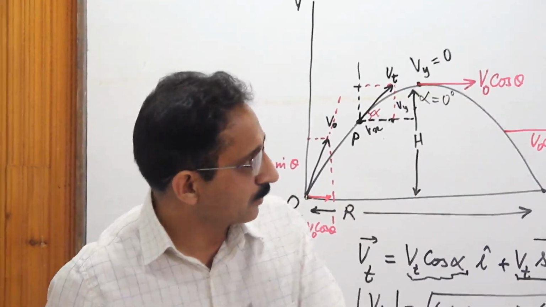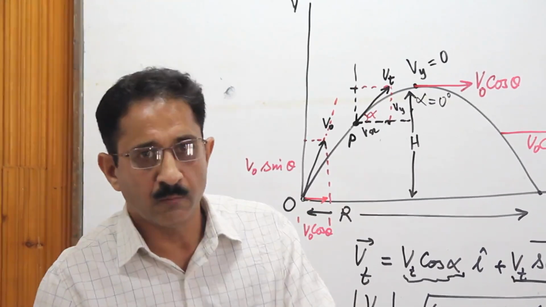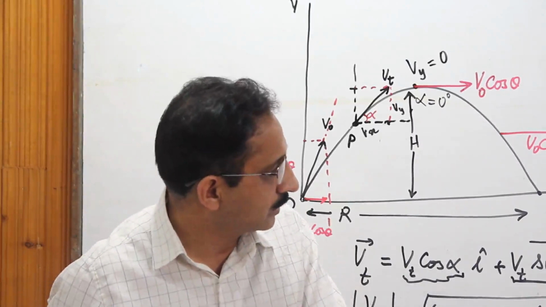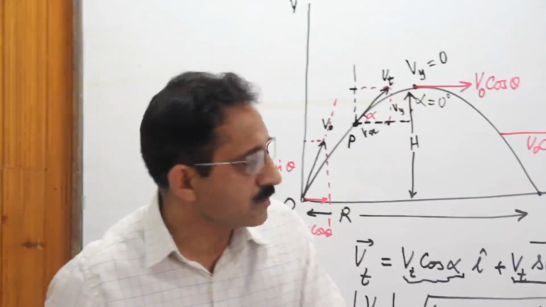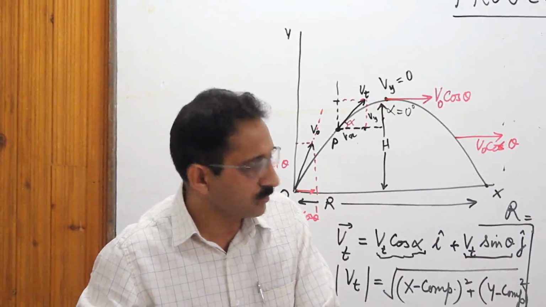We have learned that projectile motion is a two-dimensional motion comprising a uniform motion along the x-axis and a uniformly accelerated motion along the y-axis. We have derived equations of the range, time of flight and maximum height.